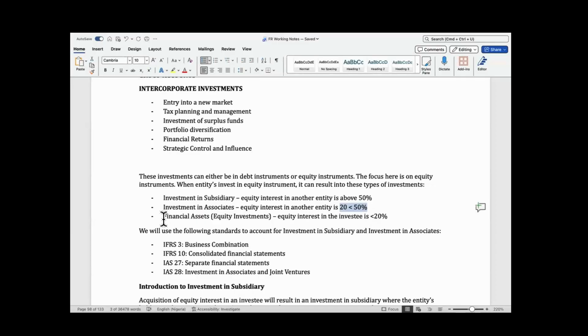While financial assets or equity investments is where your equity interest in the investee is less than 20%. So basically, this is the type of investment we want to discuss in this topic, group account. And they usually arise when you invest in the equity instrument of another entity.